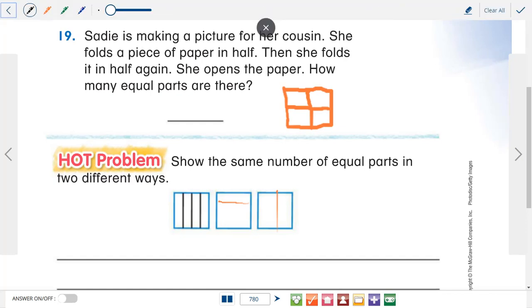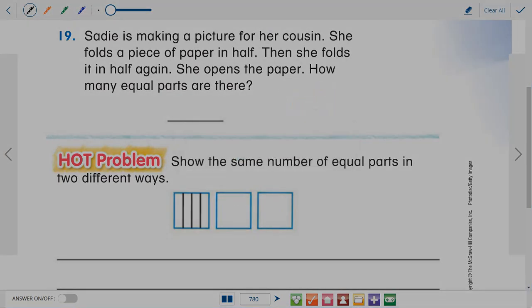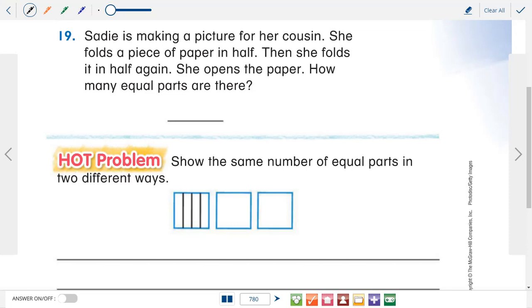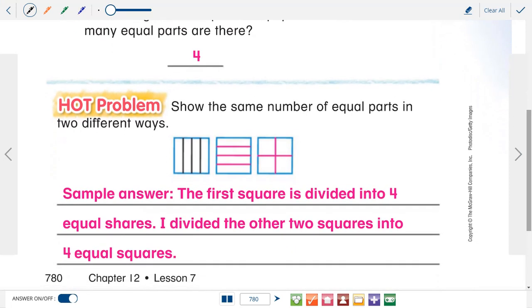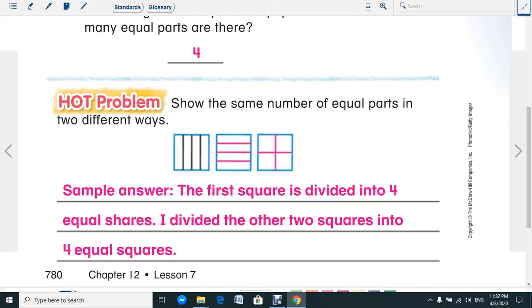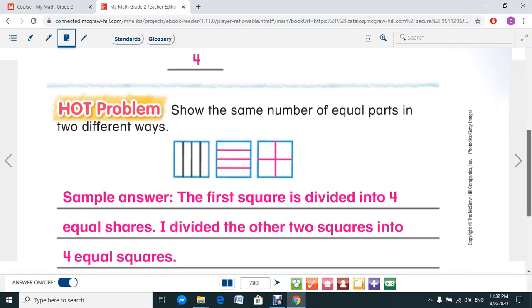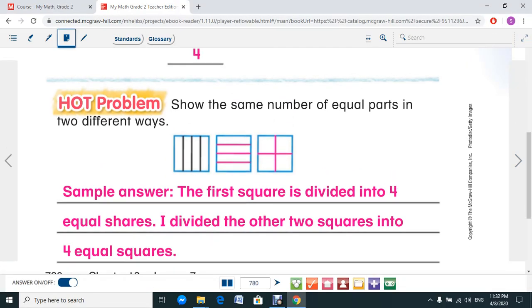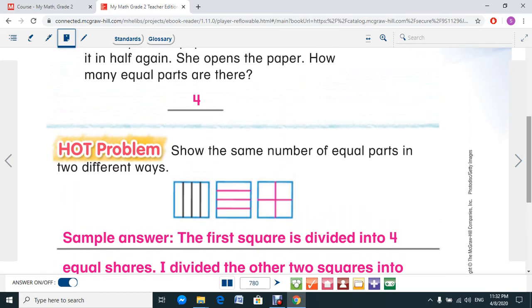So the first square is divided into 4 equal shares. I divided the other two squares into 4 equal squares. No need to write the explanation, but I want you to know these 3 ways of cutting something into 4 fourths. So just draw or cut the square into 4 fourths.